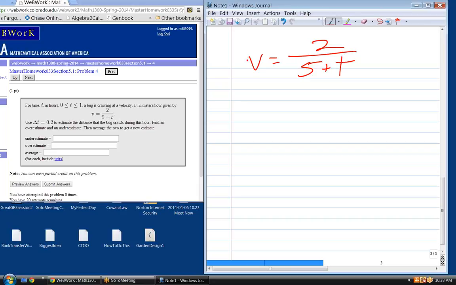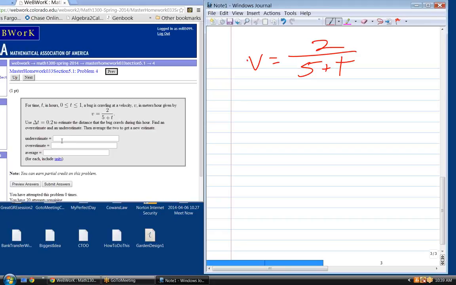Okay, so delta t is 0.2. That means we're breaking up the x-axis into 5 intervals, correct? Mm-hmm. Okay, find an overestimate and an underestimate, then average the two. Finding an overestimate, I don't know what this curve looks like right away, so I'm not sure whether it's going to be an overestimate or an underestimate yet.